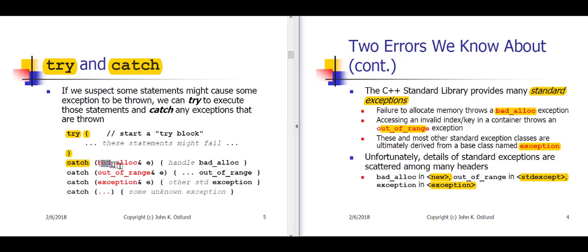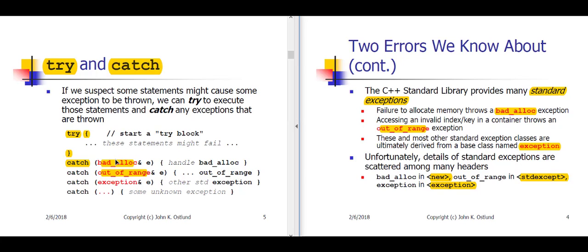So here, bad alloc is one kind of exception that we might catch if new fails within that try block, or out of range is an exception that we might catch if we use the .at member function to access an element that's not within range in a vector or a deque, and there are various other things that might throw out of range as well.